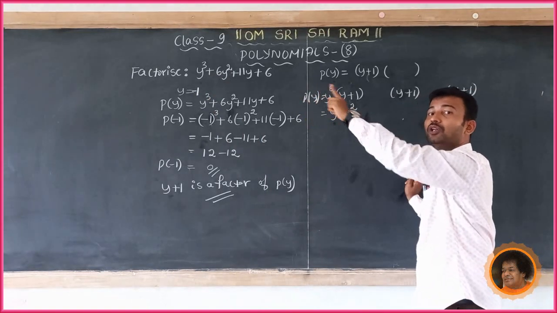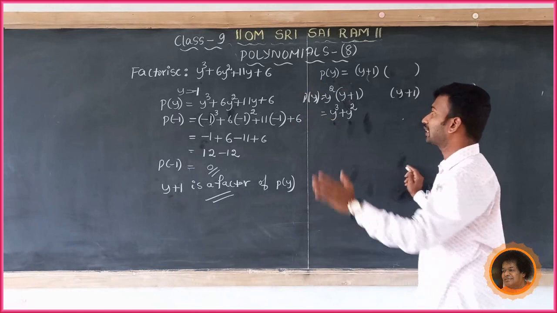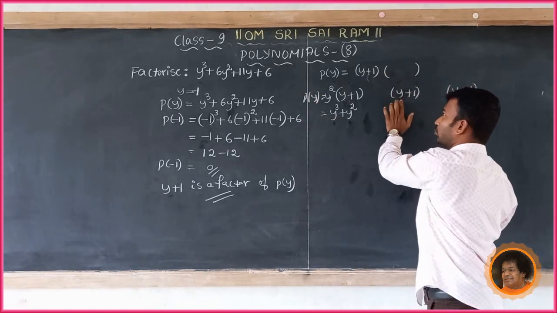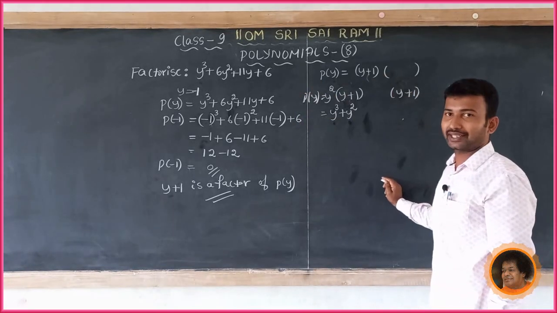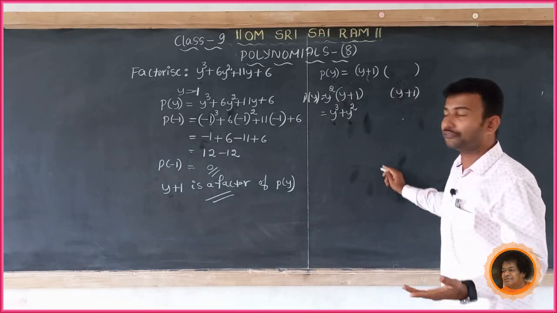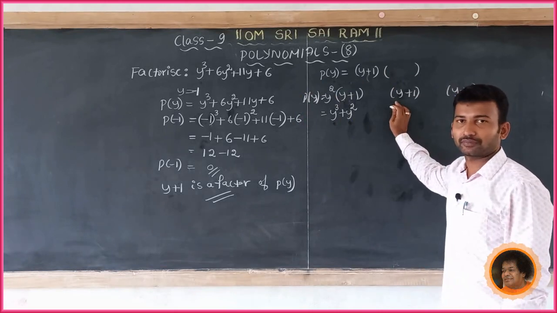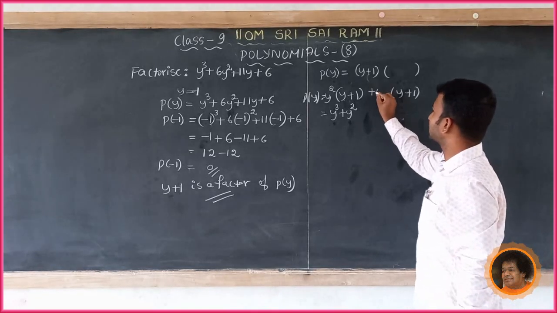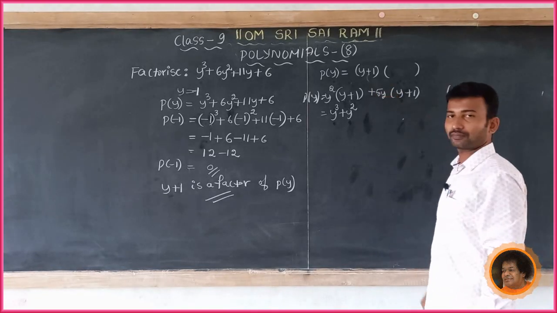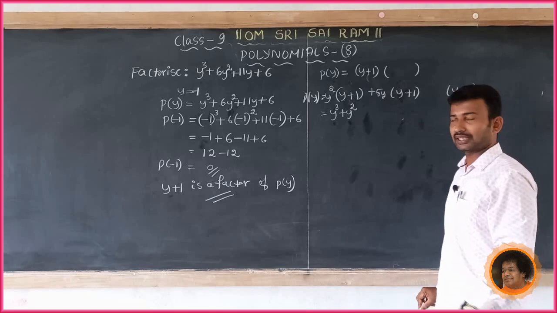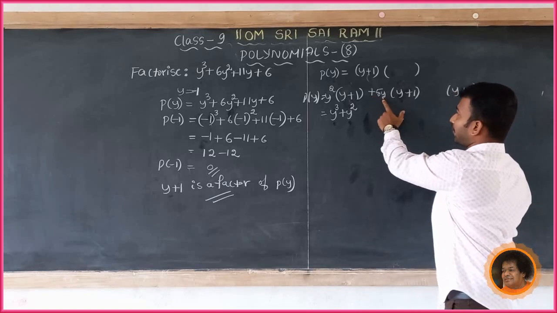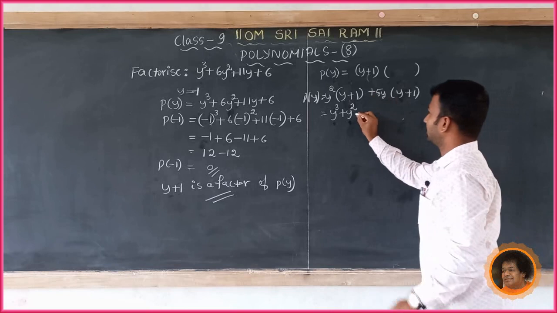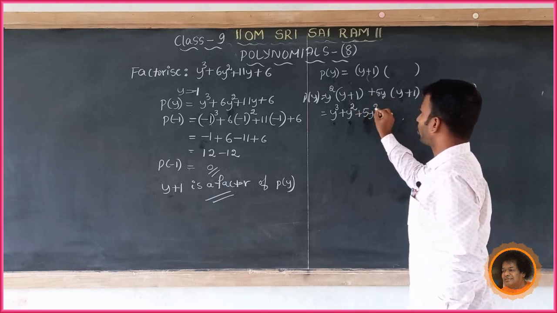So how to get 5y square? Let us consider the second expression, that is y plus 1. How to get 5y square more from this expression? We already have y here, so by multiplying plus 5y. Is it possible? Yes, let us check. Plus 5y into y is equal to 5y square.